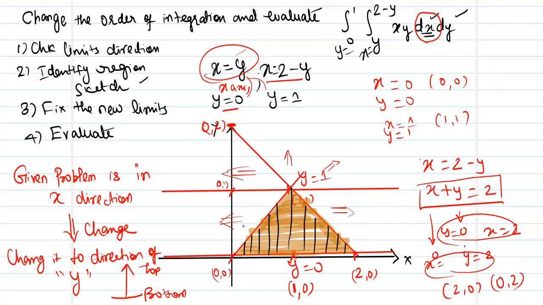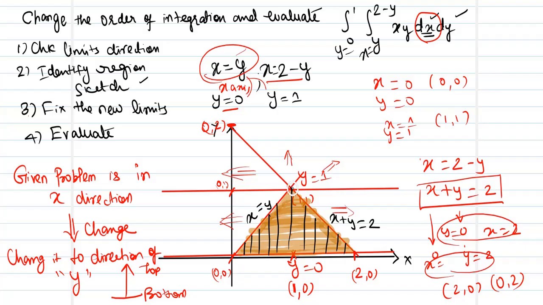The region is not uniform throughout, but it changes its direction from the line x equal to y, from this part to the line x plus y equal to 2 over here in this region. Hence, the evaluation cannot be done as one single integral, but this has to be done as two integrals. And how about that?